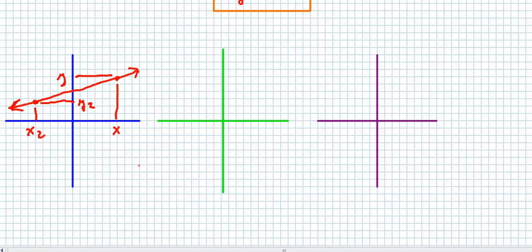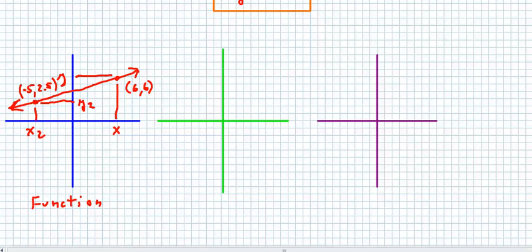I'll call it y2. All right? This is a function. No matter where I look, there's one and only one value of y for any given value of x. For instance, this is 6. The ordered pair is 6, 6. X is 6, y is 6. That's it. If x is negative 5, y looks like it's 2.5, right? There's only one value.